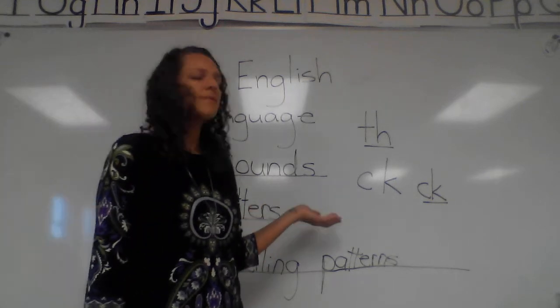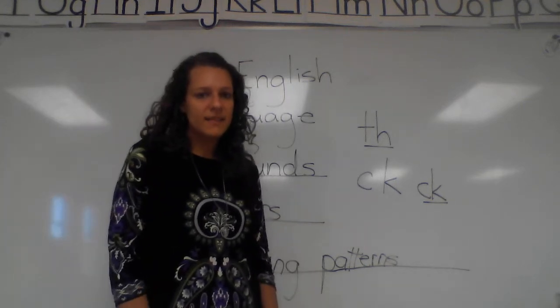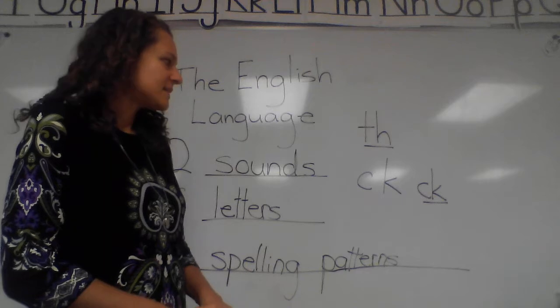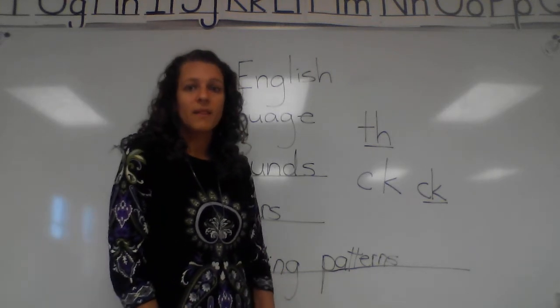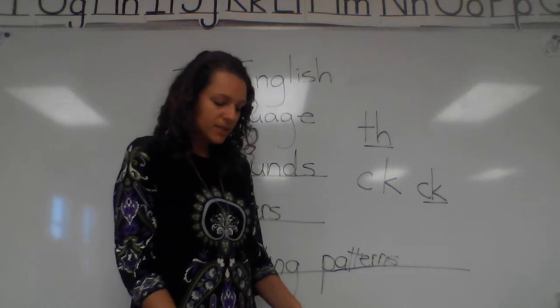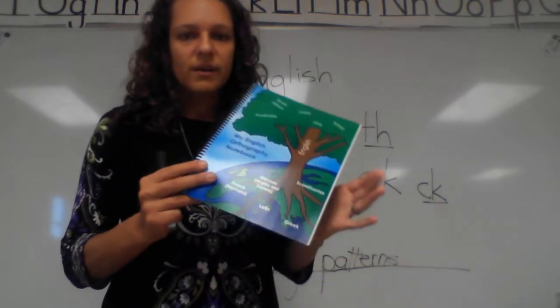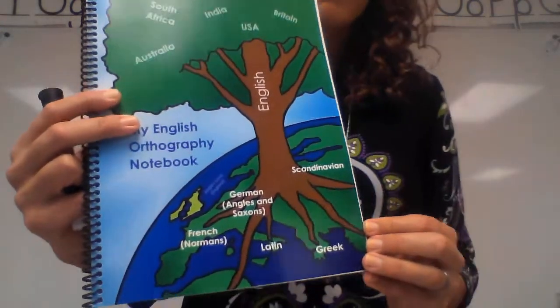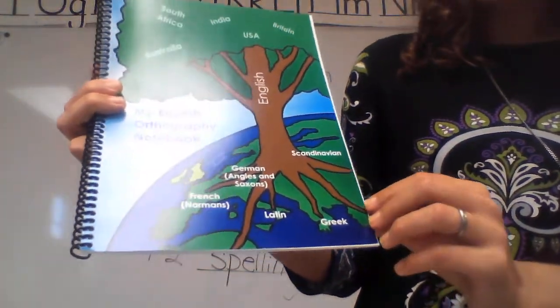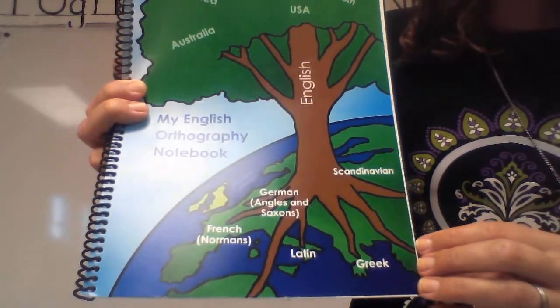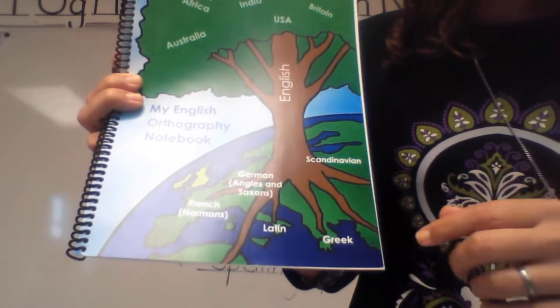And part of the reason for this is that English words come from a lot of different languages. If you had your orthography notebook from last year, this looks kind of familiar, right? And these are some of all the different languages that English comes from, right?